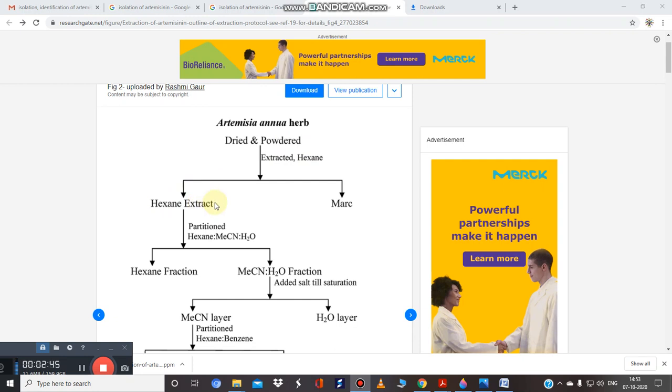What we obtain here is the hexane extract. We will work only upon this hexane extract, and the marc is ignored; it is separated.